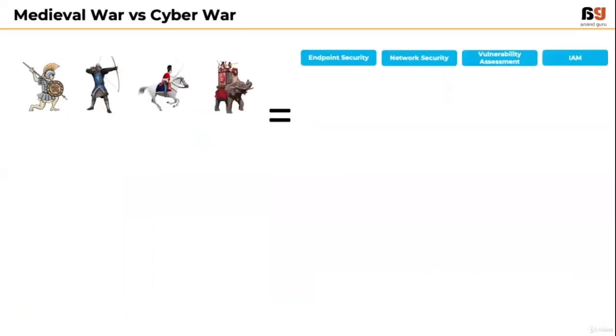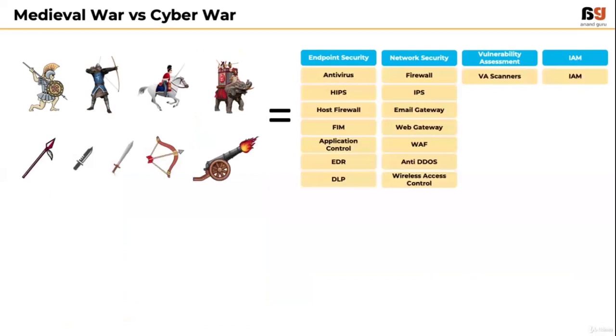So the same thing applies in cybersecurity, especially SOC. This range of soldiers in cybersecurity could be likened to endpoint security, network security, vulnerability assessment, and the SIEM. The tools, the weapons they use, the guys in the army use the spear, the knife, the arrow, and the cannon.